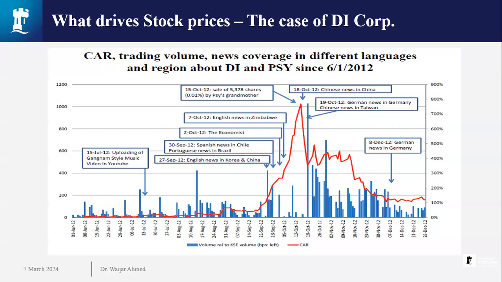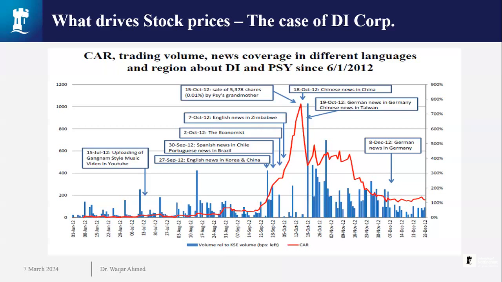So here, what do we see? The blue bars show the volume of returns to Korean stock exchange volume in basis points, and then we have the red line that shows the cumulative abnormal return. If you look at this chart, what do you see?